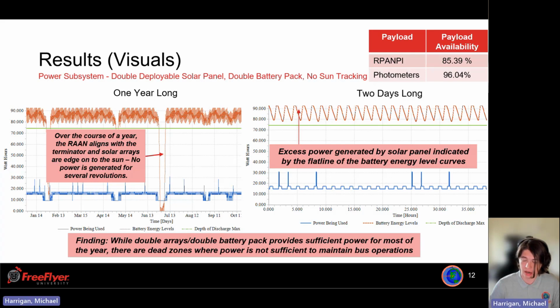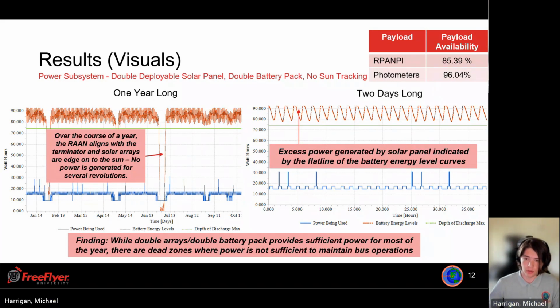They become parallel with the sun's rays, essentially, resulting in no power being generated. This occurs due to RAAN and us basically tracing the terminator line around Earth throughout the orbit. At this point, because the sun's not generating any power, the satellite would die.